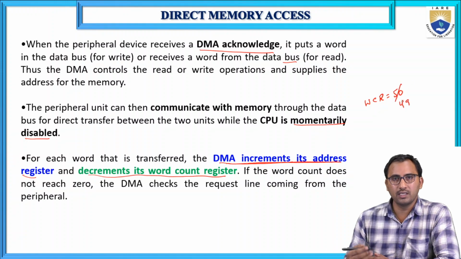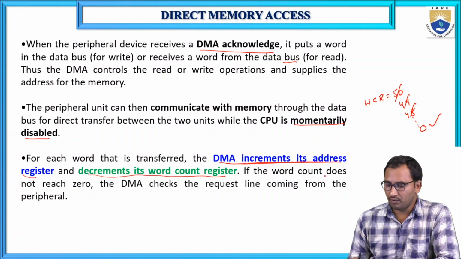If one more word is transferred, it becomes 48. This process continues until the word count register becomes 0. Whenever the word count register becomes 0, the data transfer process will be stopped.